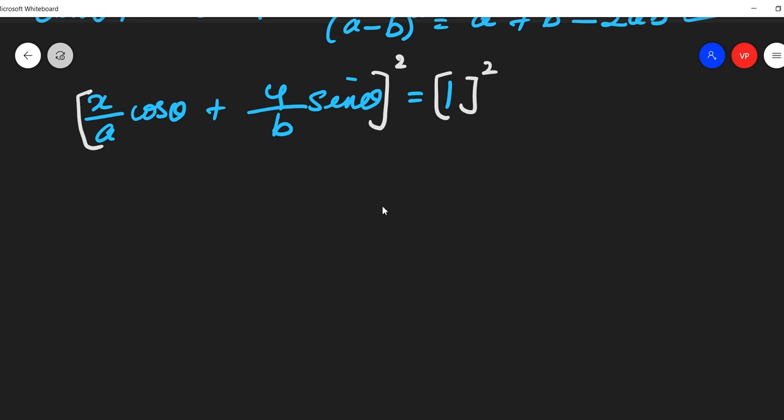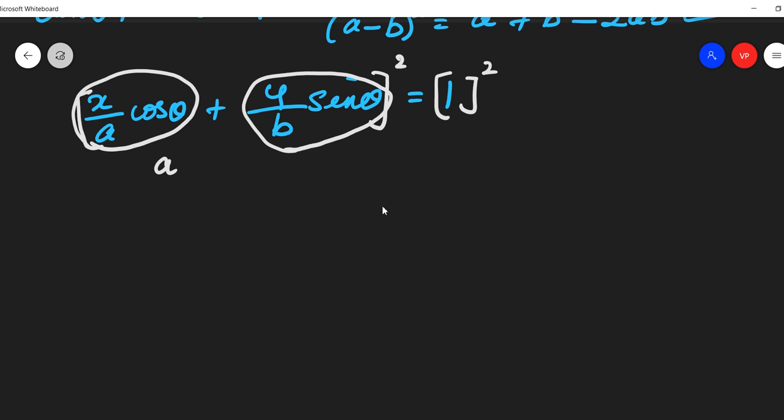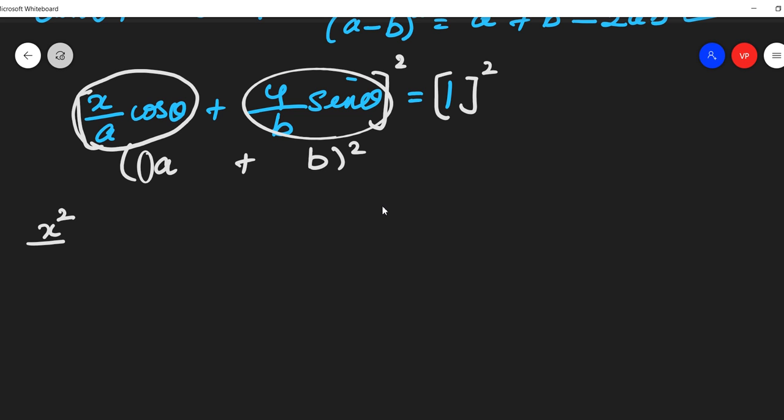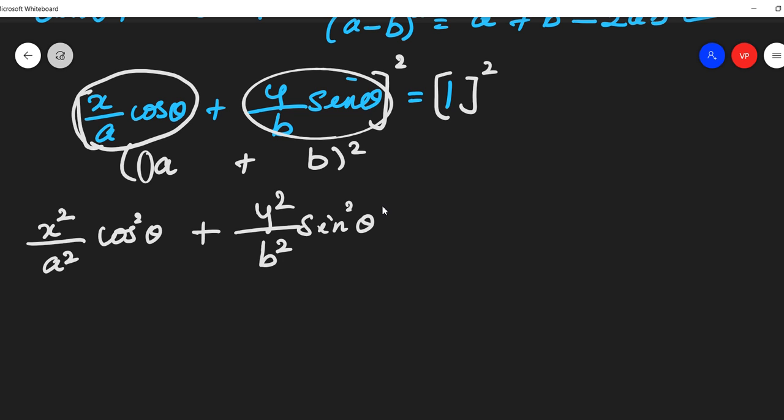Okay. So how will you square? This whole term consider as a, and this whole term should be considered as b. So this is (a plus b) the whole square. What is our a square? x square by a square cos square theta, plus b square term, y square by b square sin square theta, plus 2ab.